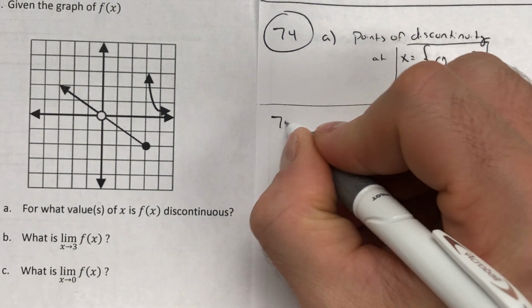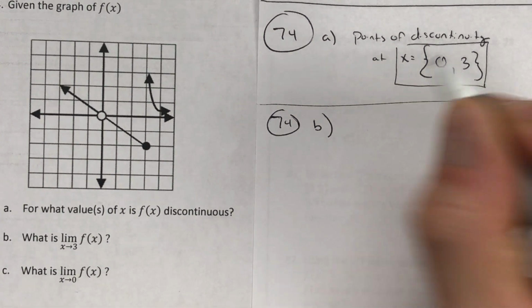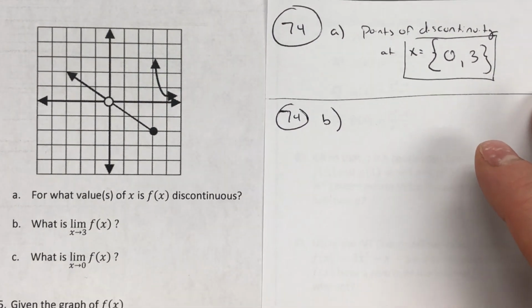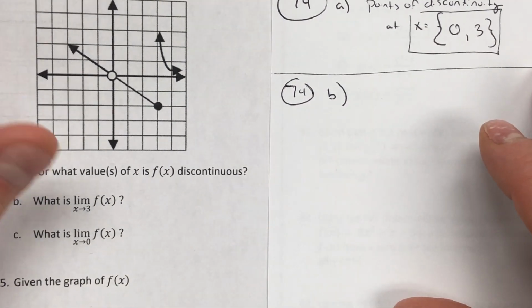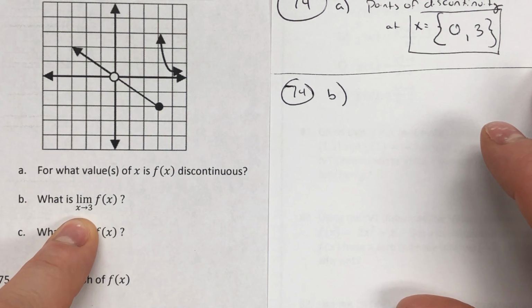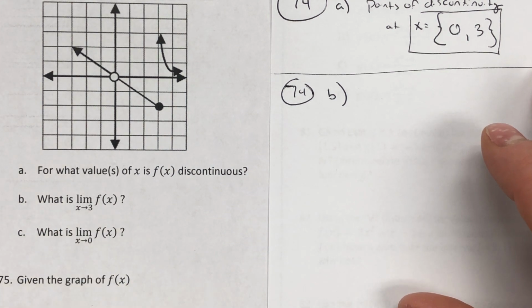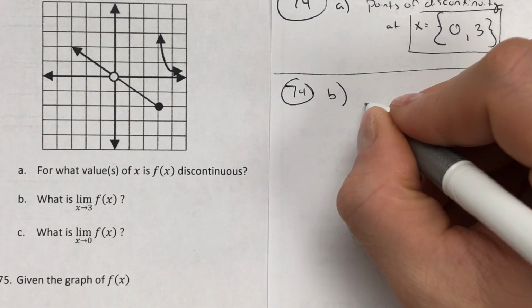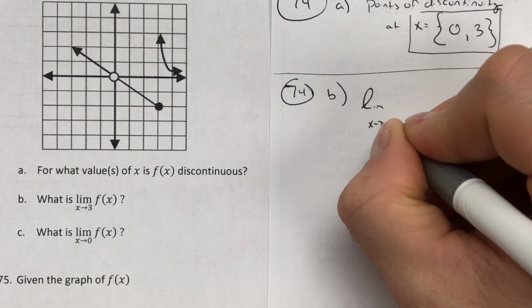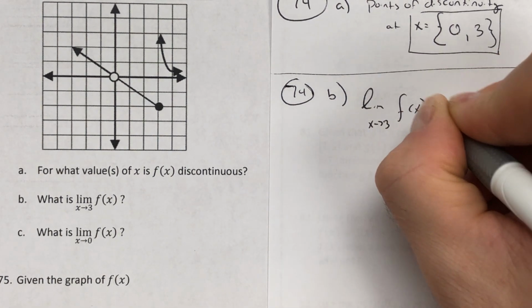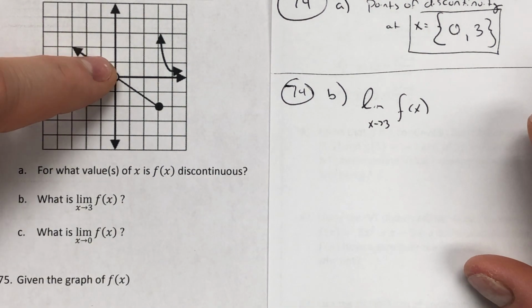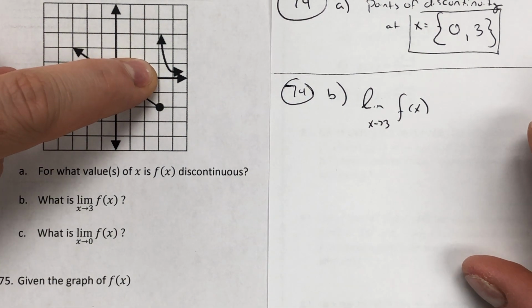74A, 74B. We're asking a similar question. What is the limit as x approaches 3 of f of x? So just like the question we did previously, we want to find the limit as x approaches 3 of f of x. So that's going to be at 1, 2, at 3.